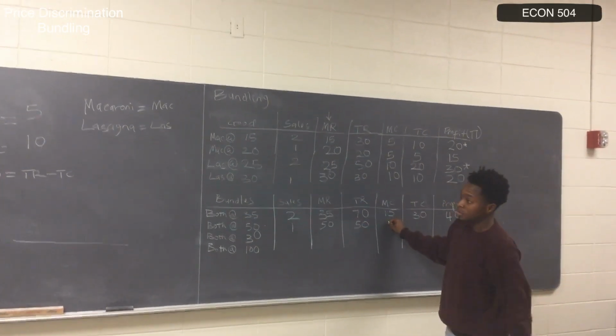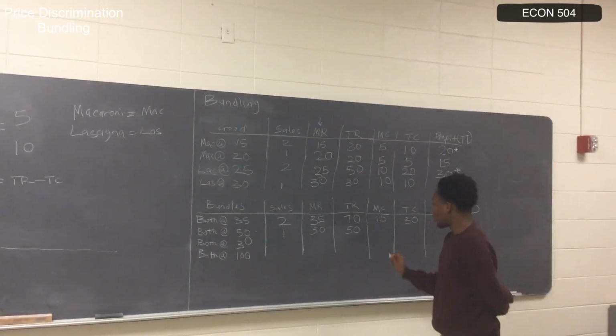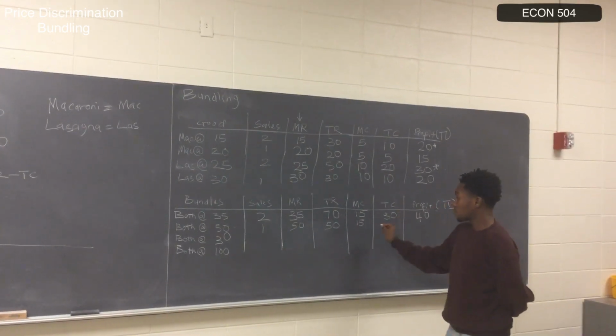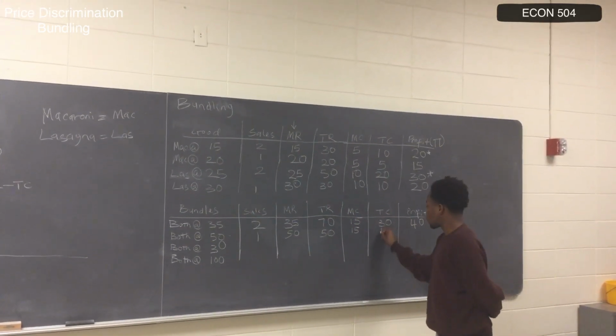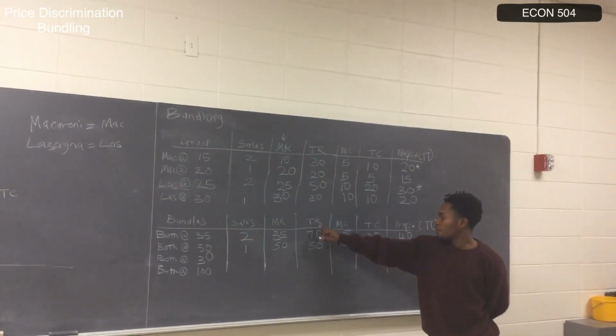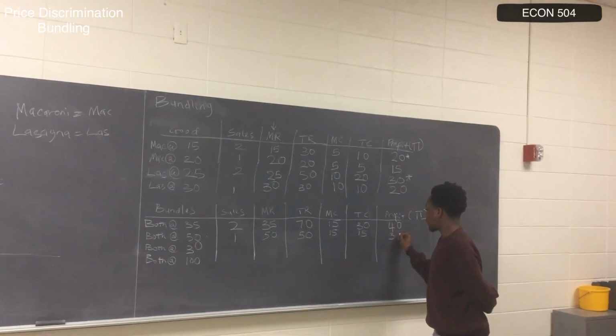The marginal cost, like we said, is the addition of both goods because they are bundled, which is 15, and it is fixed. The total cost, because I sell to just one individual, is 15. Now the profit is total revenue minus total cost. That's 50 minus 15. That's 35.